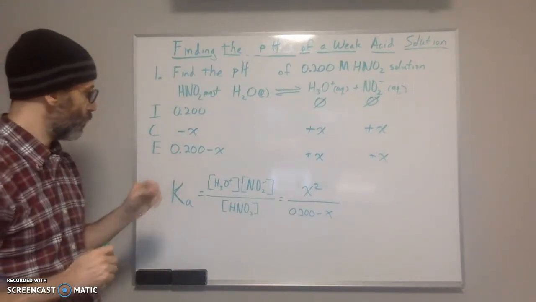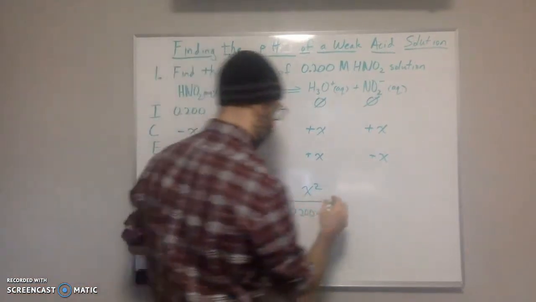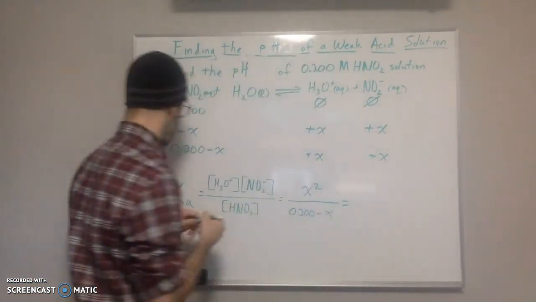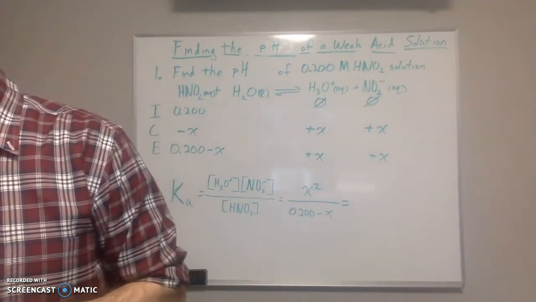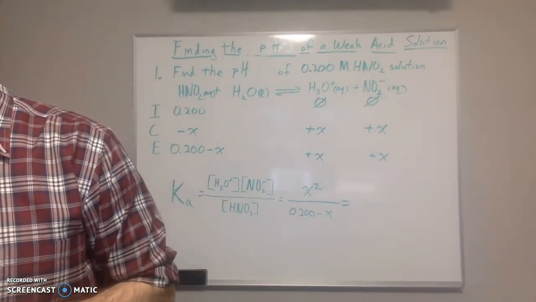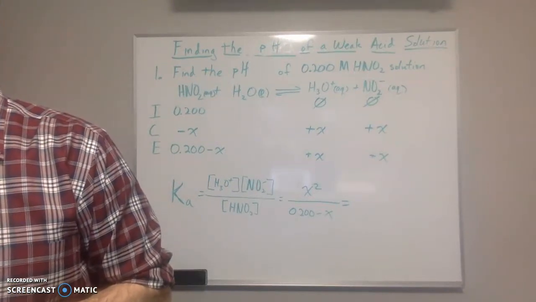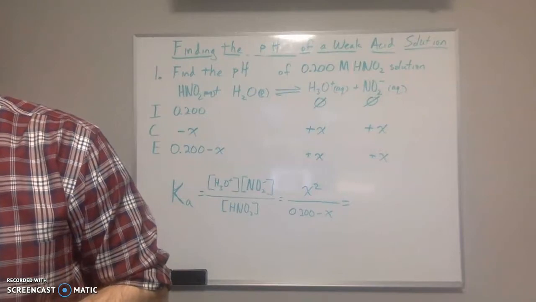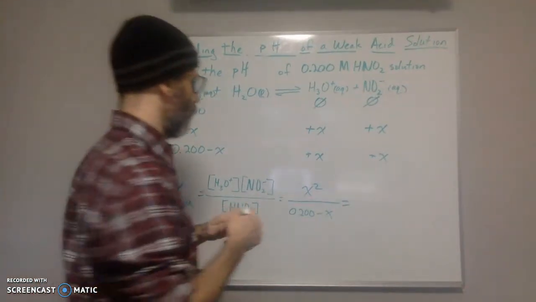If we look at the Ka value for nitrous acid, it's going to be 4.6 times 10 to the negative 4.